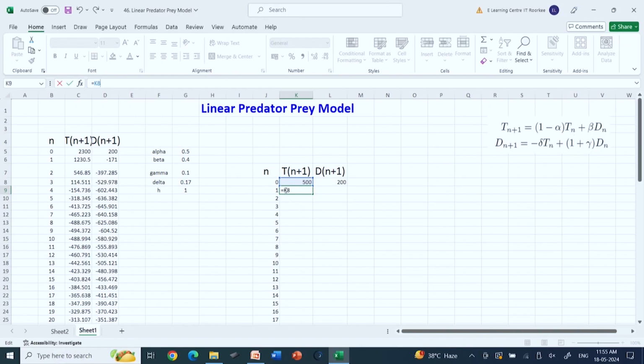So this is T0 minus alpha multiplied by T0 plus beta multiplied by D0. Alpha is a constant and your beta is also a constant.